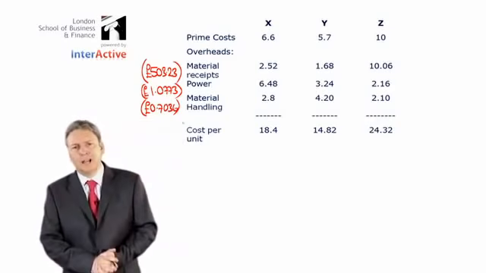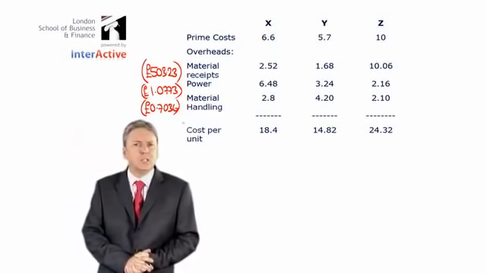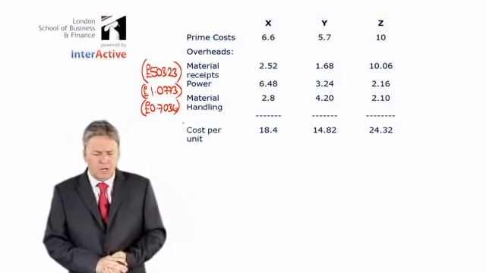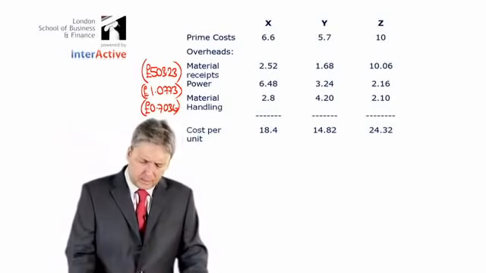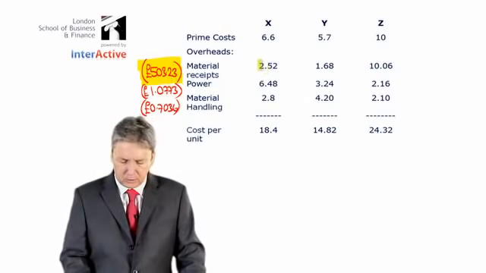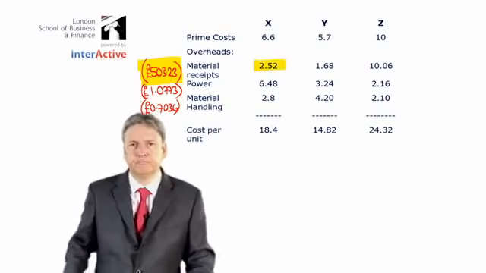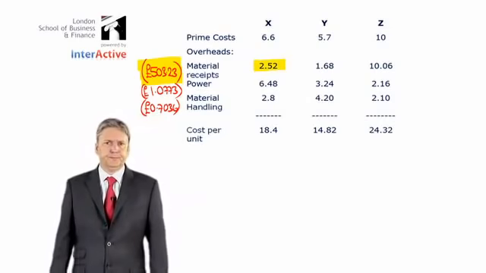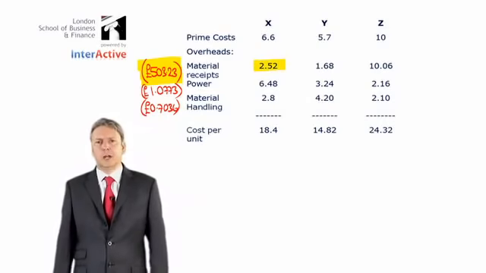Now, I've gone to a lot of accuracy, which you didn't need to, but I quite like to do with ABC myself. How do we link this figure back to the individual product? Well, let's look at material X. How many units were there of material X?